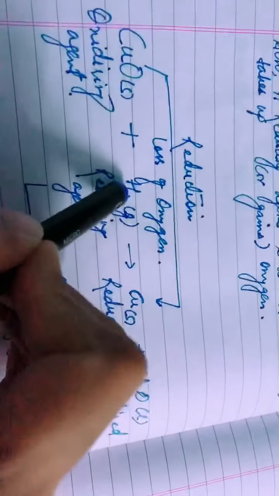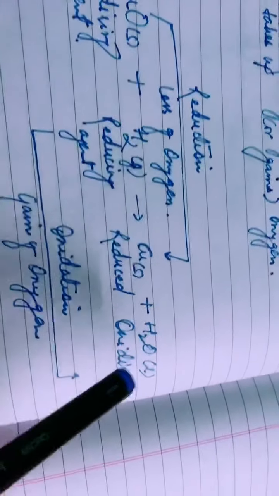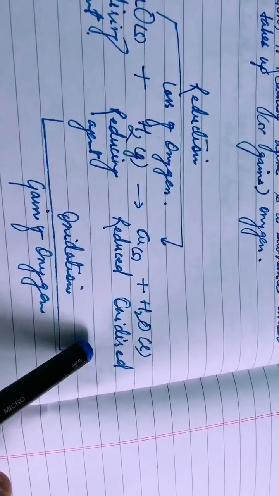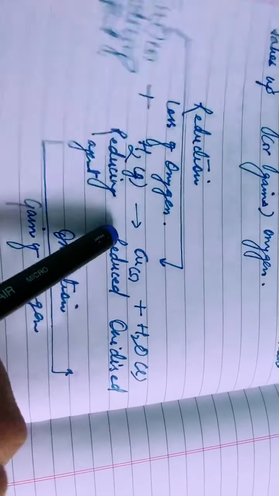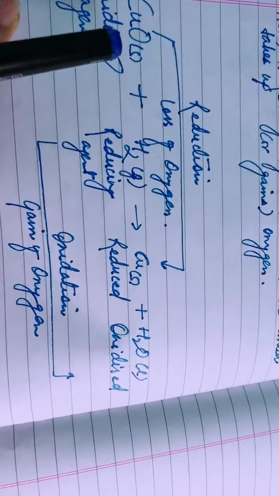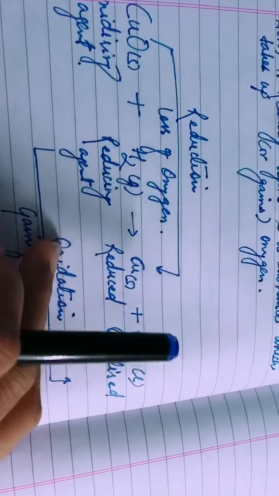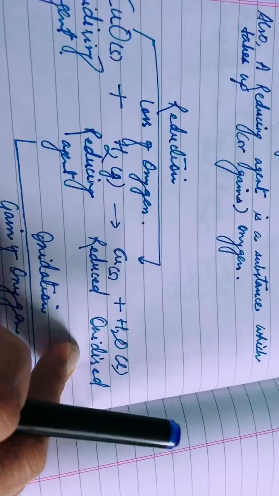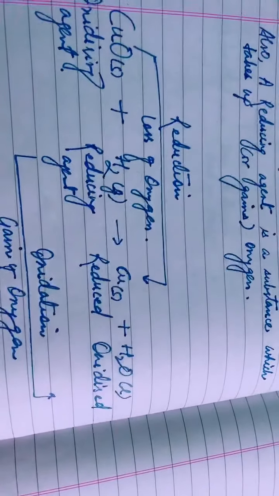Hydrogen has gained one oxygen, so what do we say? It is oxidized. Copper has released oxygen, and after releasing, copper is reduced, and after gaining oxygen, hydrogen is oxidized.